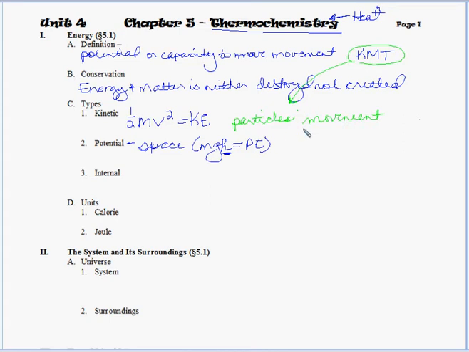For us in chemistry, we don't want to know how high a particle is from the ground, but we do want to know how far away two particles might be. If they're far away, that dictates one type of potential energy, versus if they're really close together, that's going to dictate a much lower amount of potential energy. So for us, it's still with respect to space, and it's still what's considered our stored energy, but it's going to be between our particles rather than between an object and the ground.